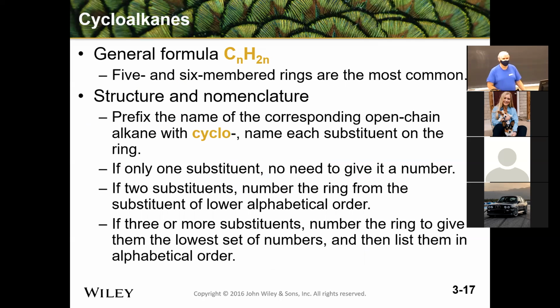Cycloalkanes are not isomers of alkanes because they have a different molecular formula. Remember, alkanes were CnH2n+2. Cycloalkanes are CnH2n, and they have the prefix cyclo.